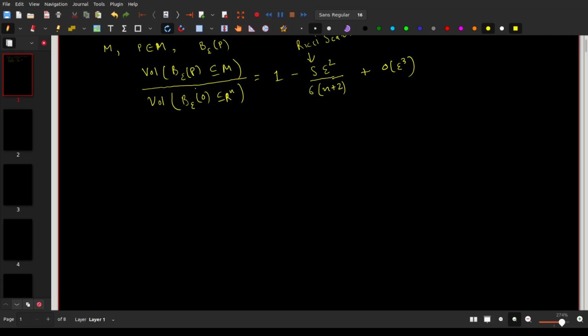If we want to calculate the Ricci scalar at a point P, then we take a ball of radius epsilon at that point, we calculate its volume, we take the ratio of this volume and the volume of a ball of same radius in the Euclidean space, and then we take its series expansion and find its coefficient of the epsilon square term in that series expansion. Then the coefficient of the epsilon square term will be Ricci scalar divided by 6 times n plus 2.